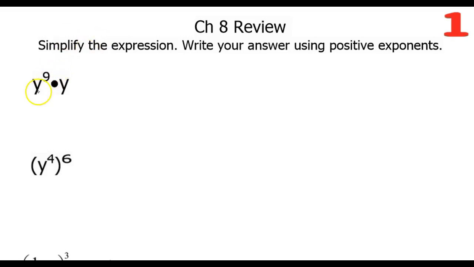So we're going to start with y to the ninth times y just all by itself. Now, if we have a y just all by itself, we know that we can put a y to the 1. So what we have here is 9 y's because we have y to the ninth. So I'm going to write y times y, I'm going to write this 9 times.